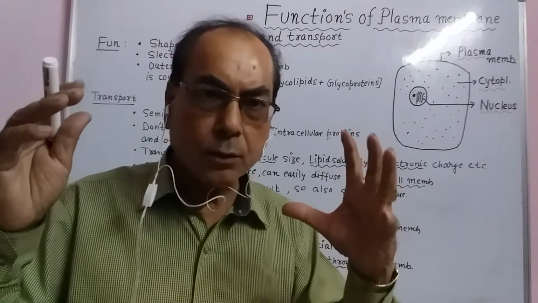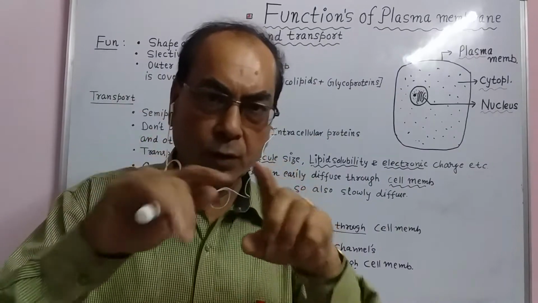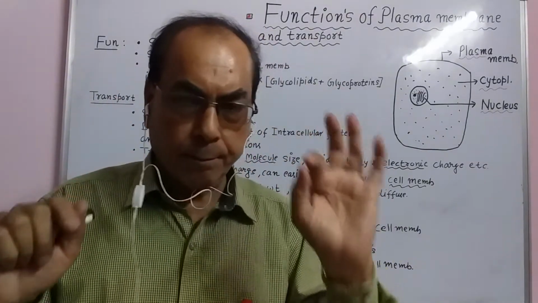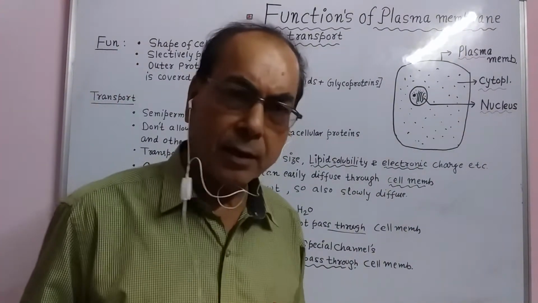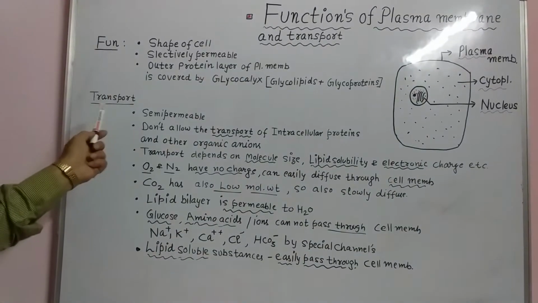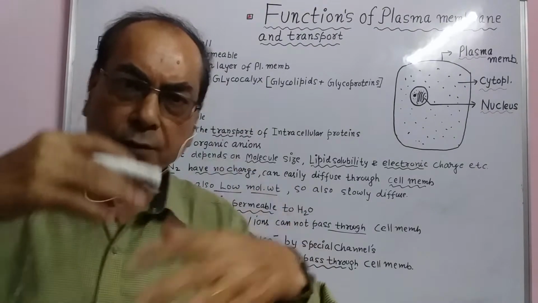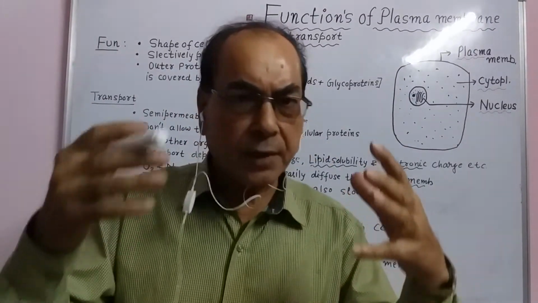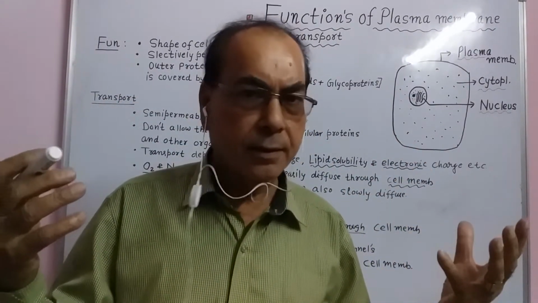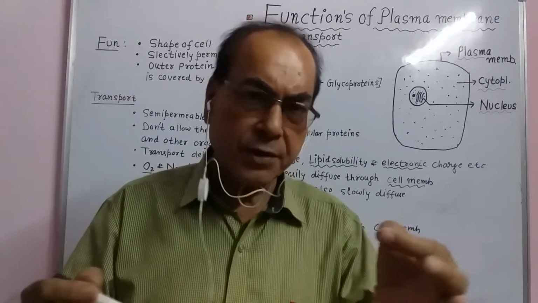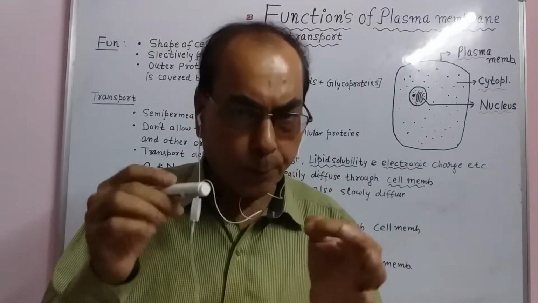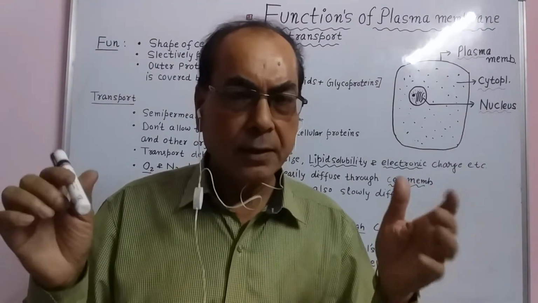So these are the two special materials which make our plasma membrane. After this, we shall discuss how the transport of different materials takes place across the plasma membrane, in different points one by one.